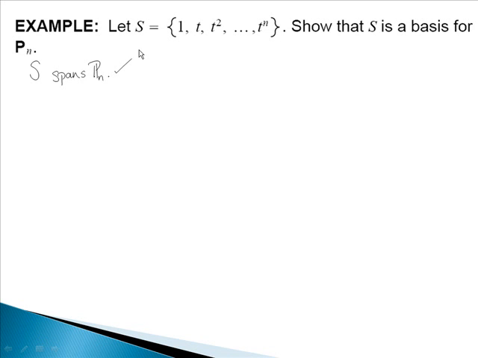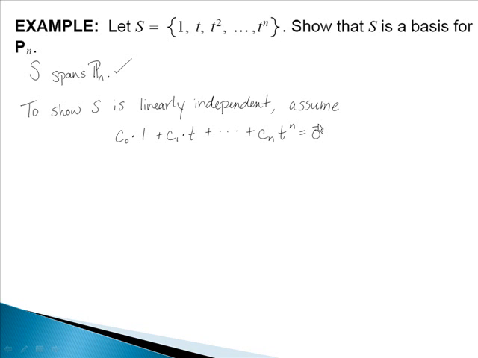So the next thing we need to see is if S is a linearly independent set. To show that S is linearly independent, we're going to assume that we have a linear combination of the vectors in S with c0 through cn as our coefficients, and we're going to set it equal to the zero vector of P sub n, which is this vector here.